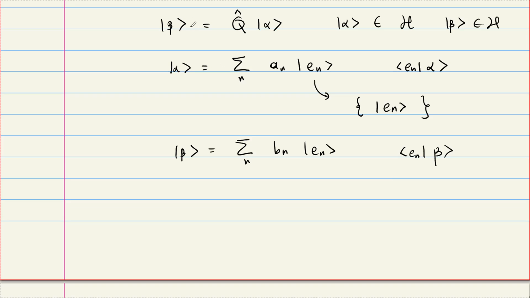Then I can try to express this abstract relation, a state is equal to an operator times another state, in the given basis, like this guy. So beta is equal to this Q times alpha.